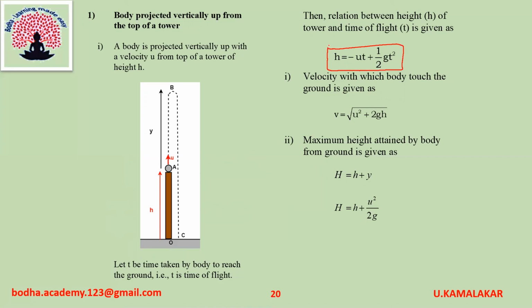Velocity with which the body touches the ground is given as v = √(u² + 2gh). Maximum height attained by the body from the ground is given as H = h + u²/2g, where small h is the height of the tower.